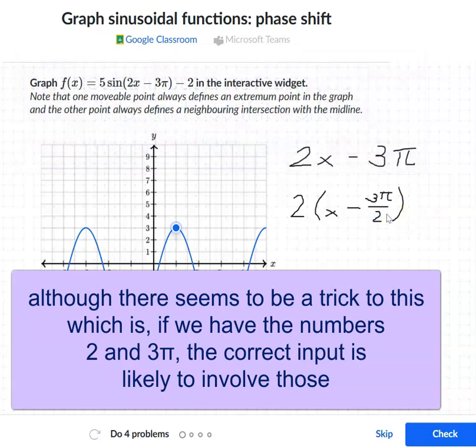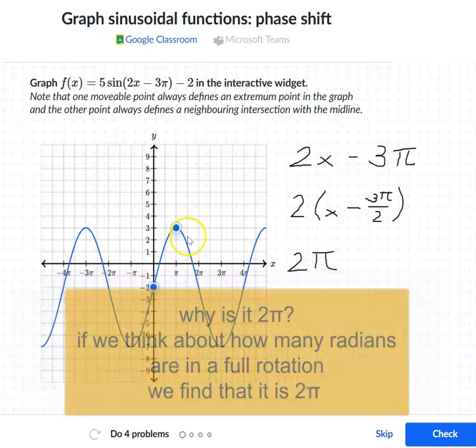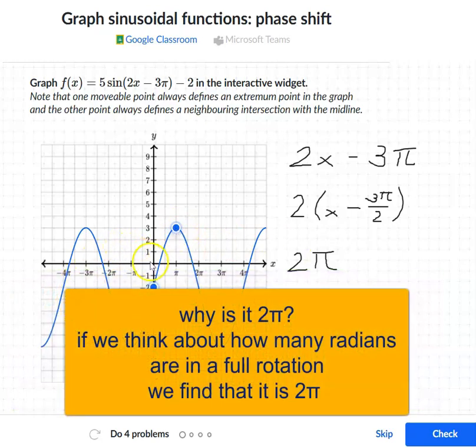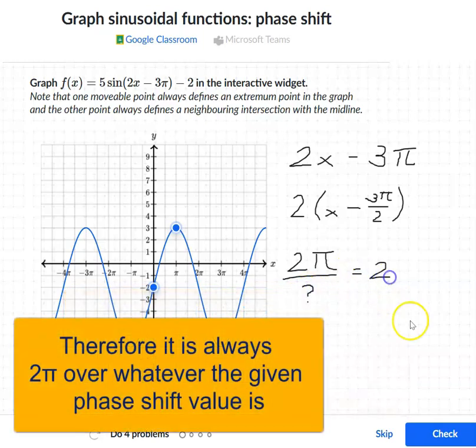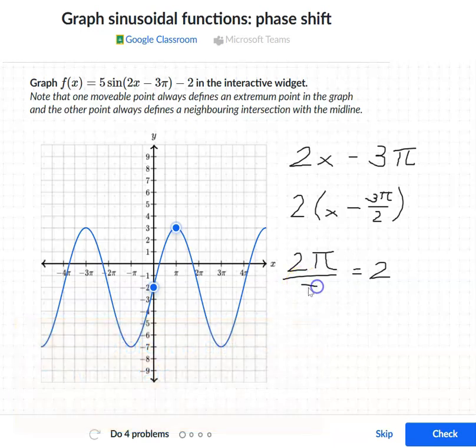over 2. And then for the second part, to get the period of the function, it's 2 pi over what number? 2. And this might be obvious, but let's try inputting pi. We know that if we put pi here, these will cancel out.